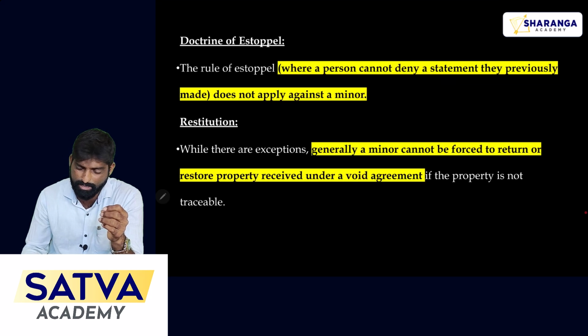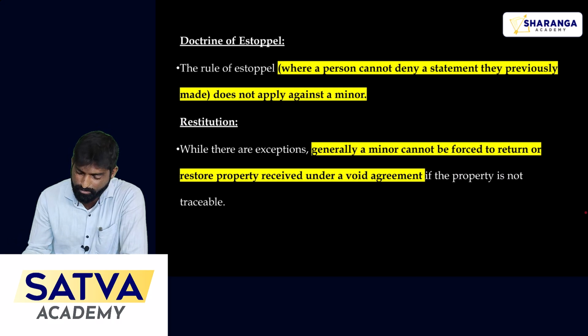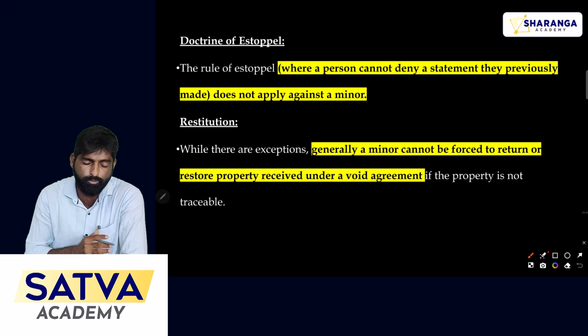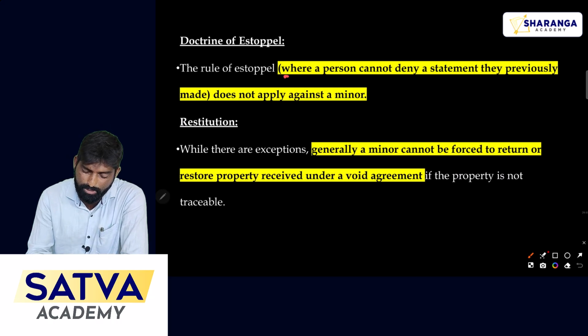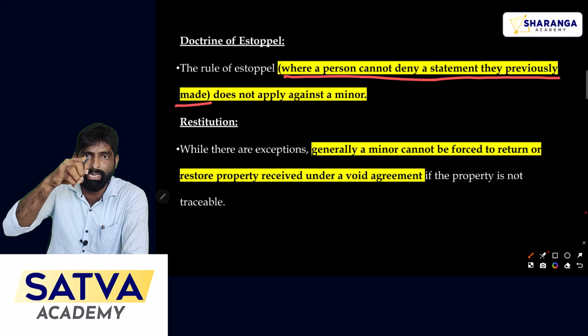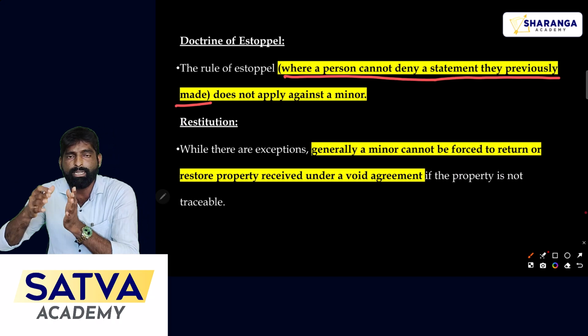Okay, let's analyze the question. And there is another concept, that is the doctrine of estoppel. See what the doctrine of estoppel says. According to the rule of the doctrine of estoppel, a person cannot deny a statement they previously made. Meaning if you make any statement, then after that you can't deny the statement.